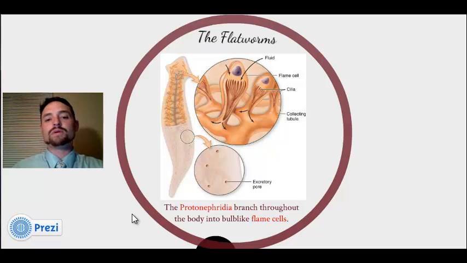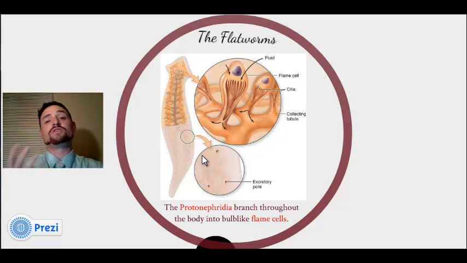This is the flatworm, and it uses what we call protonephridia that branch throughout the body into bulb-like flame cells. You can see those here, and this little cilia that hang down, those are what actually do the absorbing of the fluid. As they absorb that fluid, they dump it into these collecting tubules, and then those collecting tubules will empty out through the excretory pores located all throughout the bottom of this organism.